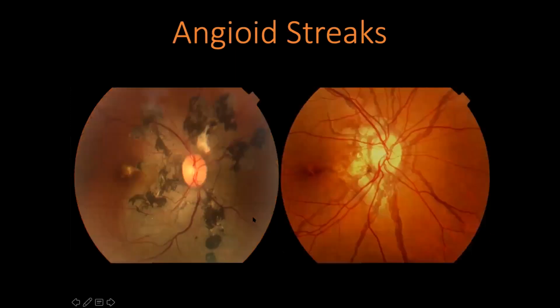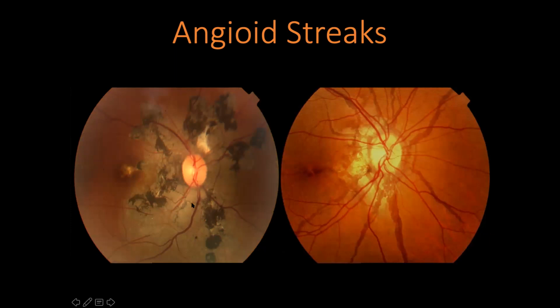Angioid streaks are bilateral, tapering, irregular lines which radiate from around the optic nerve or papilla. They may be circular, they may be pigmented, as you see here.